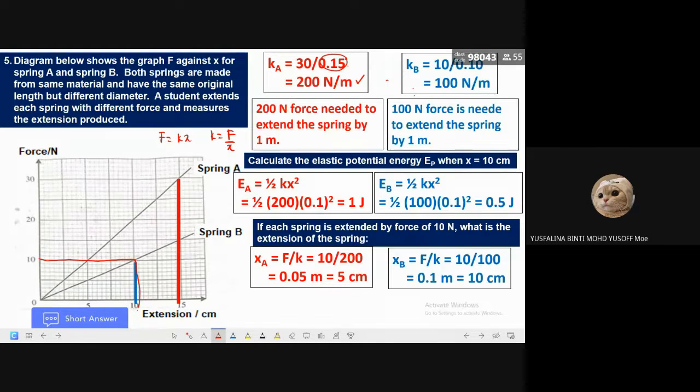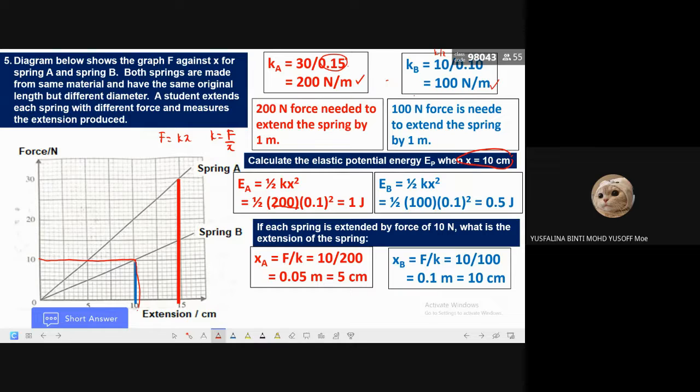And for KB, the spring constant for B, F over x, 10 divided by 0.1, you will get 100 Newton per meter. So this is your value for k. Then you can use the formula half kx squared. For spring A, the spring constant is 200, and the extension of the spring, they give you x equal to 10 cm, right?